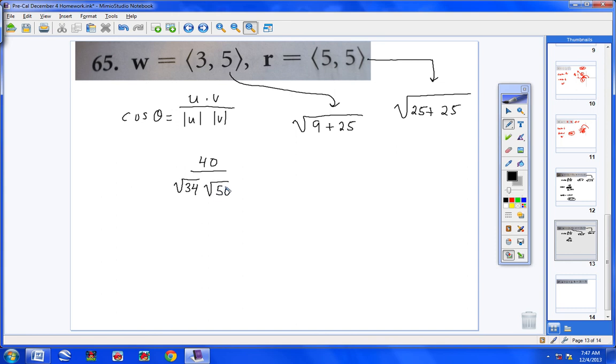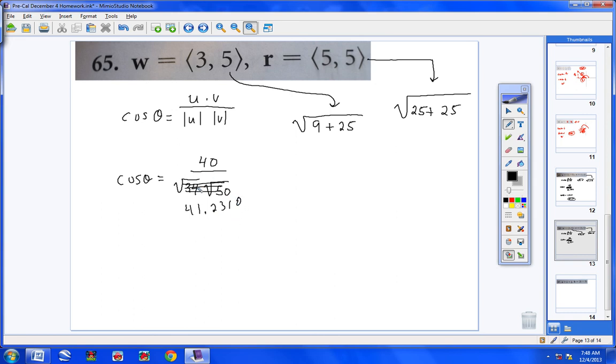With my calculator now, I'm going to very quickly find the square root of 34 times the square root of 50. And if you type that in correctly, you will get somewhat of a decimal like this. And I should have written down my cosine here. I apologize. There we go. Now your decimal will be 41.231055626.